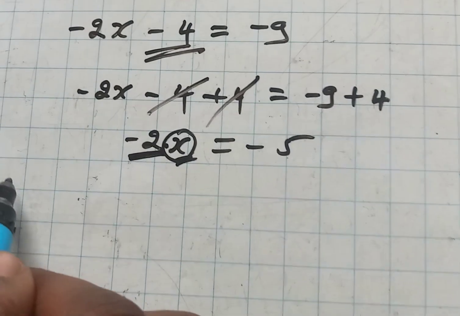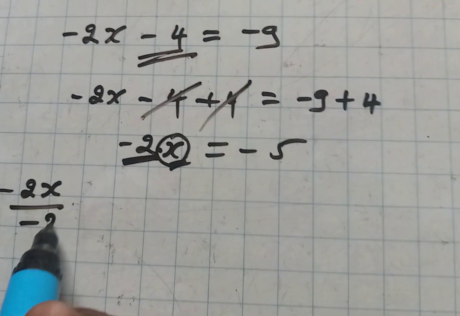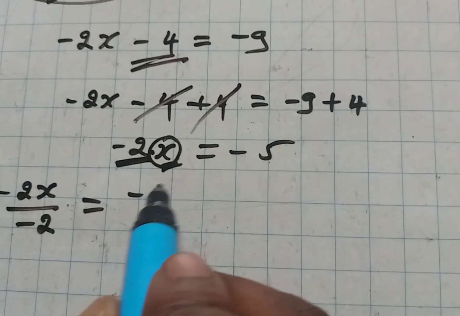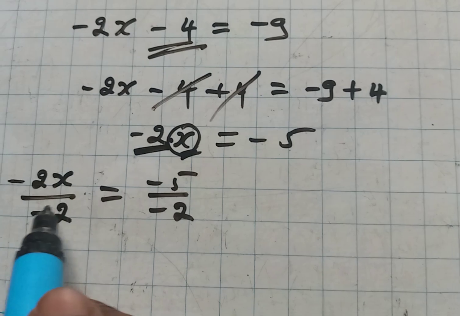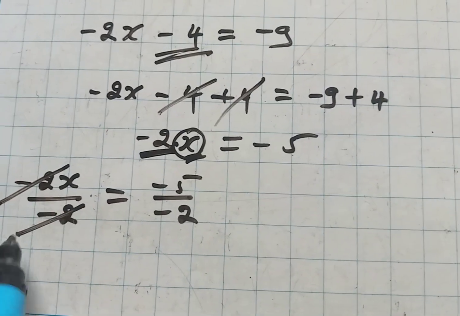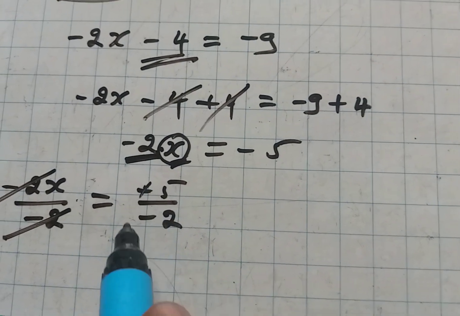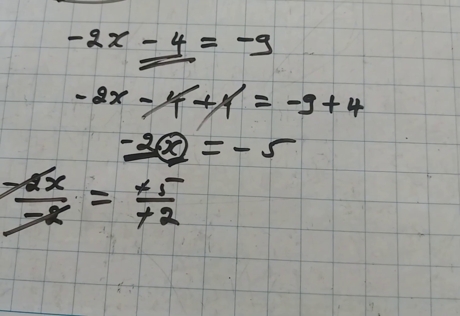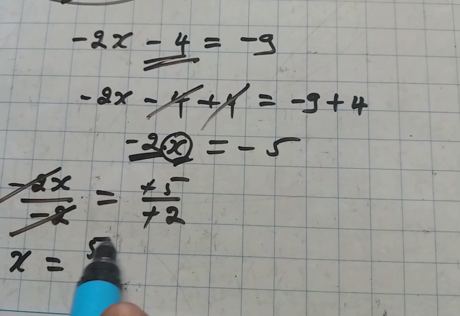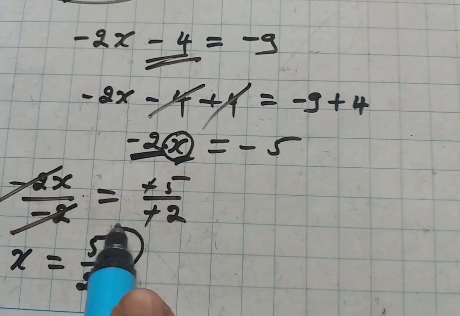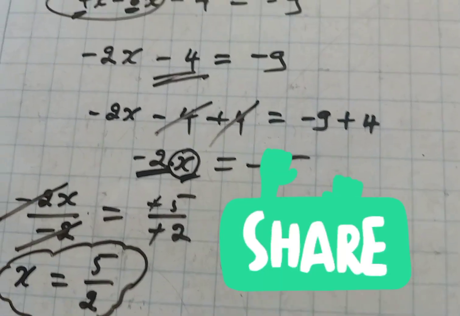So we have -2x divided by -2, which is equal to -5 divided by -2. Then this -2 and this -2 simplify. This negative and this negative simplify to be positive. So we have x equal to 5 over 2, or 5 divided by 2.